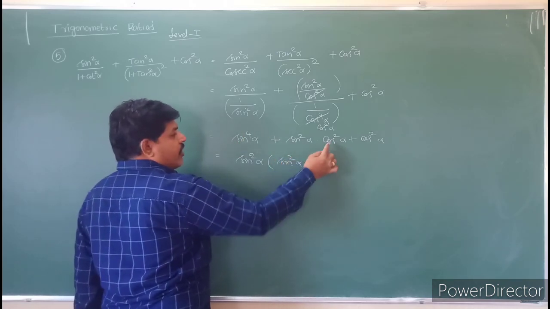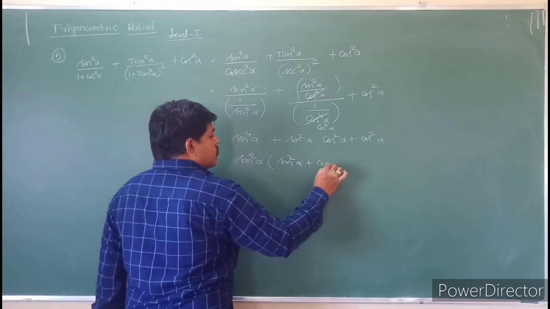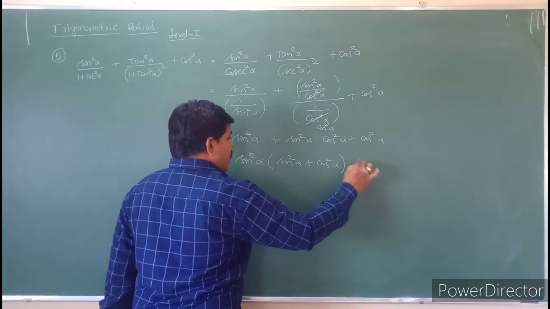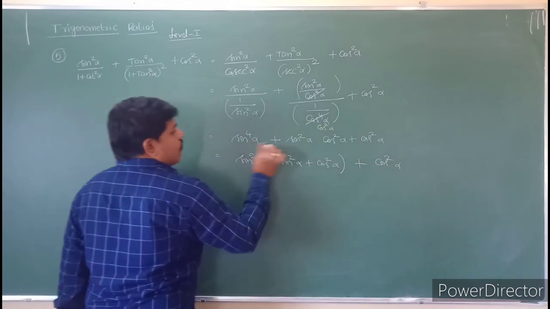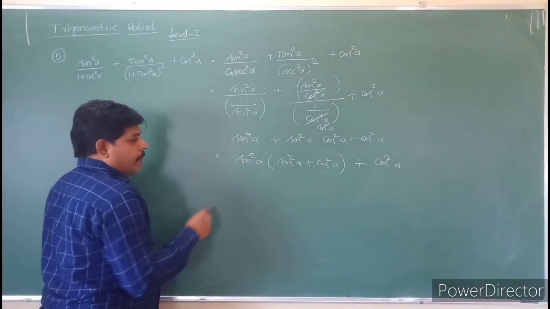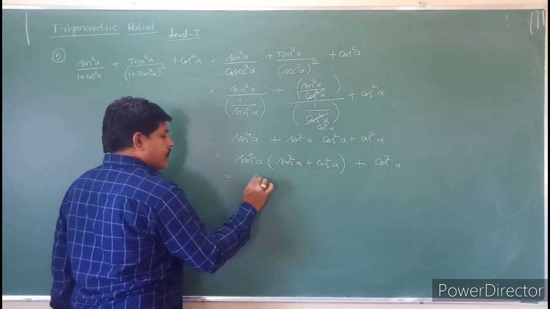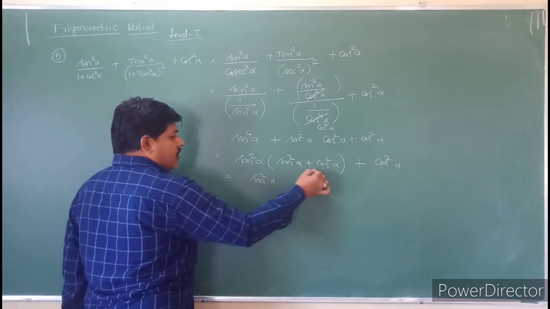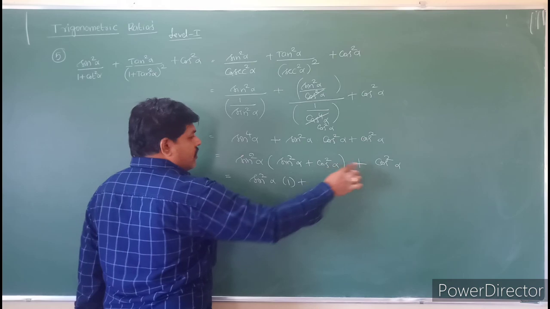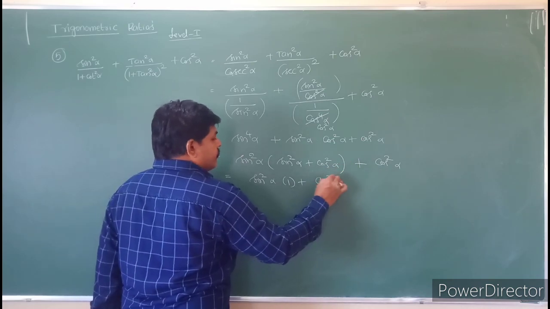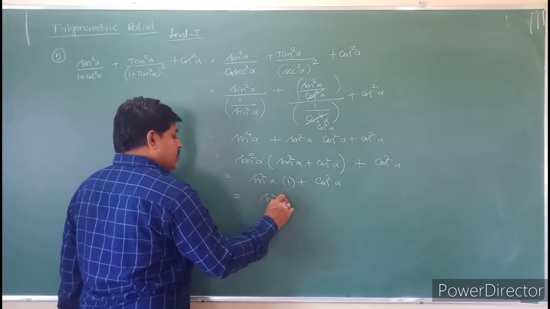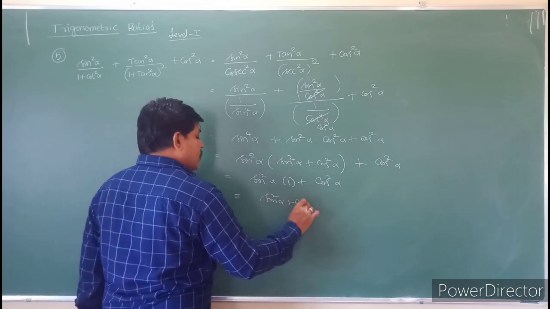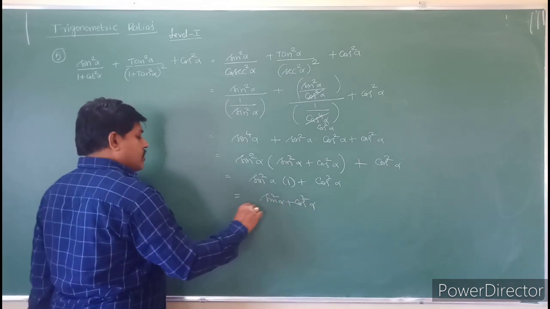If you take it from this one, the remaining value is cos square alpha, plus this cos square alpha will remain the same. I am taking the common factor from these two terms only. So that implies sin square alpha plus cos square alpha is 1, and cos square alpha. So sin square alpha plus cos square alpha, sin square alpha plus cos square alpha, that is equal to 1.